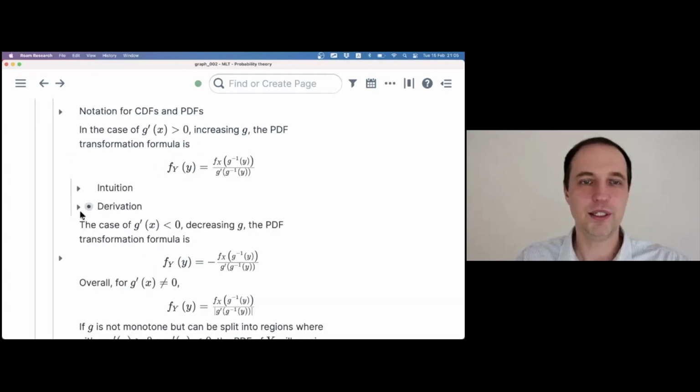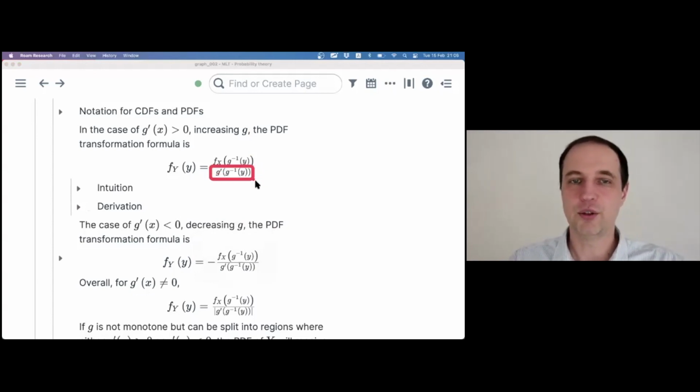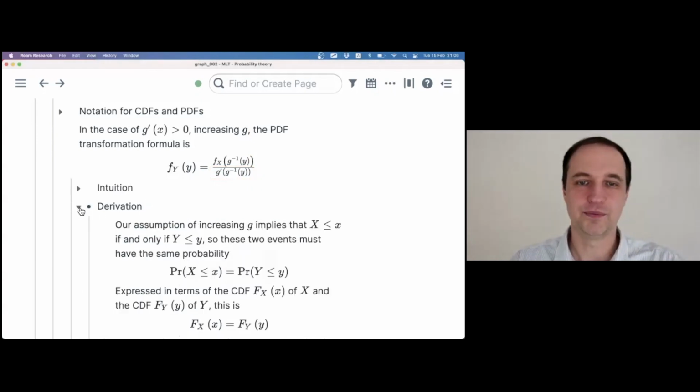How do we derive that formula? Well, maybe I should comment here on the intuition. The denominator in here is related to the probability compression effect that we talked about, the dilution or more concentration.